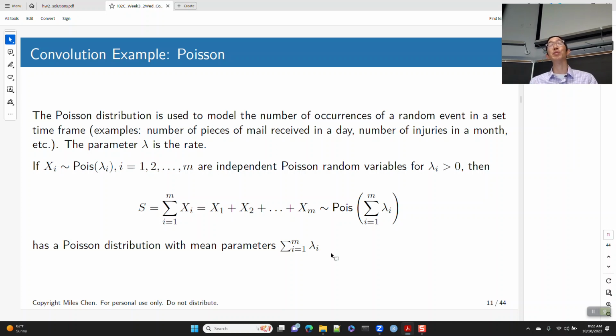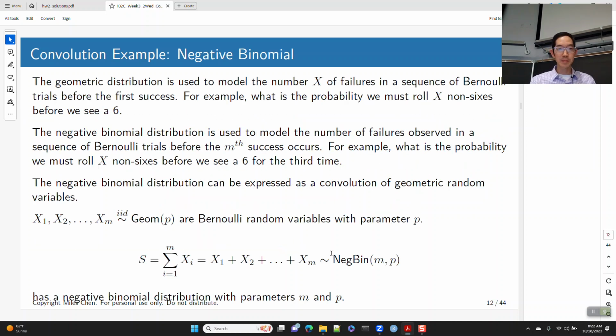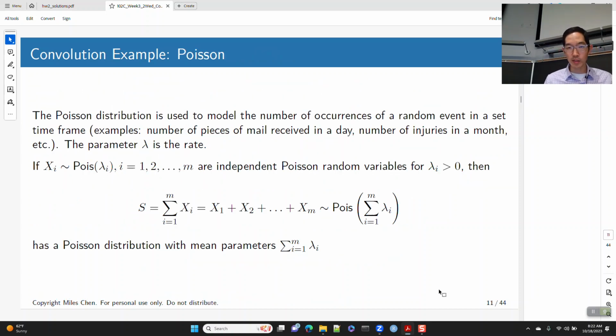So 20 plus 30 plus 20 is 70, and you'd say the expected count for that 3-hour span is going to be 70. So that's an example with the Poisson. The sum of Poisson is also Poisson, and you just take the lambda rates and add them together.